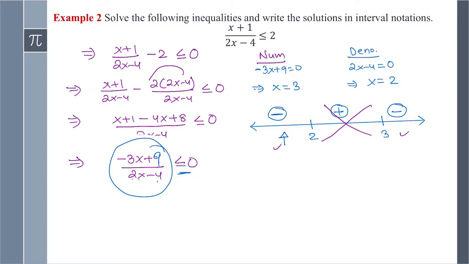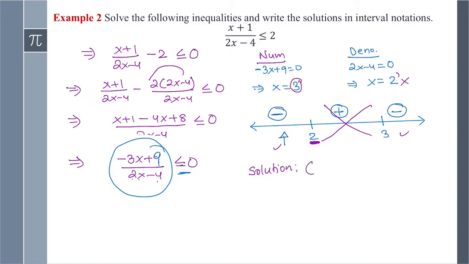Now, here we have less than or equal to. What this says is the critical number that we obtain from the numerator, we can include in the solution, but the critical number that we obtain from the denominator, we cannot include in the solution. So when we write the solution, we have to be a little bit careful here. 2 is a critical number that we obtain from the denominator, so we cannot include it in our solution even though we have this less than or equal sign.